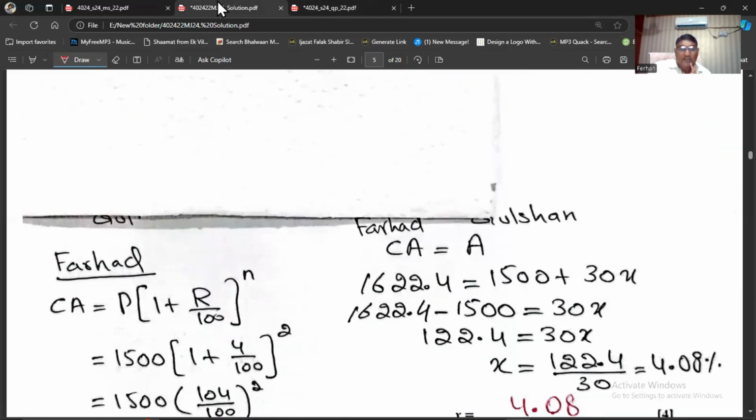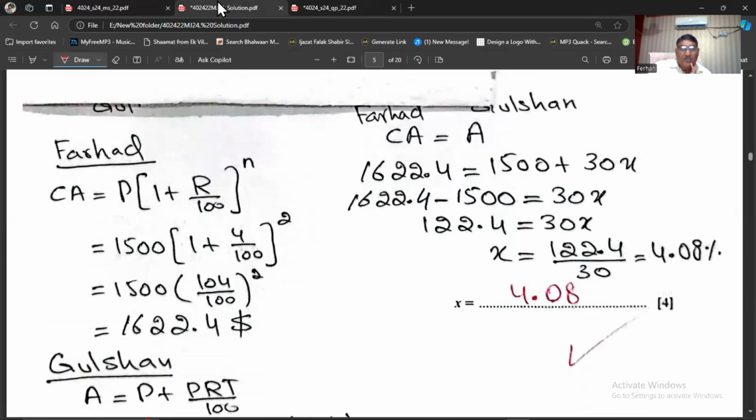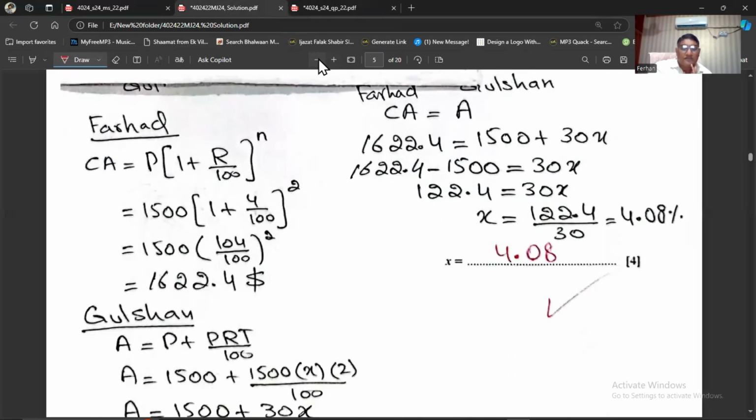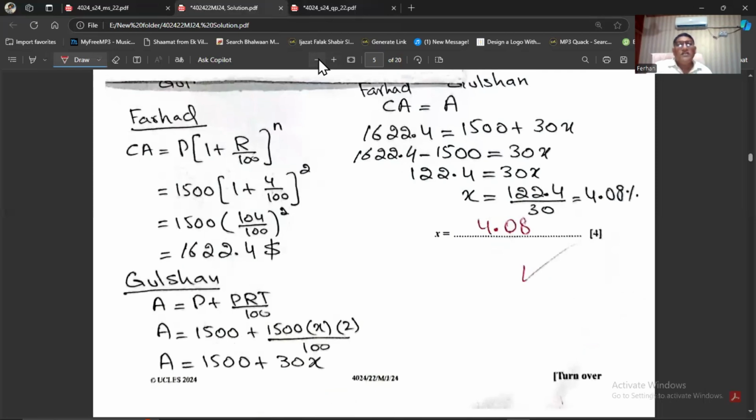has compound interest. So let me show you. Okay. Now the Farhad, the compounded amount after 2 years, that will be P bracket start 1 plus R divided by 100 bracket close raised to power n. Here P means the principal amount, that is $1,500, and R means the rate, that is 4% per annum, and the time duration is 2 years.